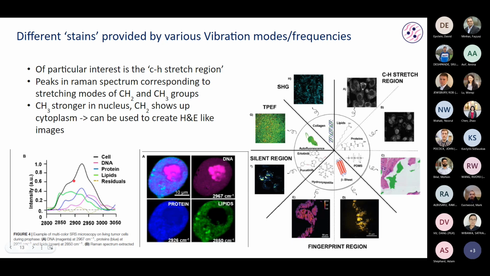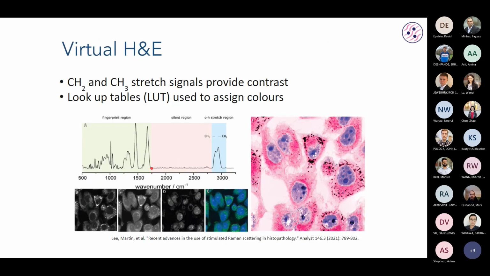So this image at the bottom is just a zoomed-in view of the spectrum of, for example, DNA, proteins and lipids. So looking at the two signals of these two different modes, the CH2 and the CH3 stretch modes, you can image in these two modes using your Raman microscope, and essentially do some digital staining.